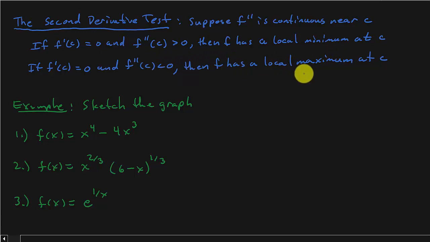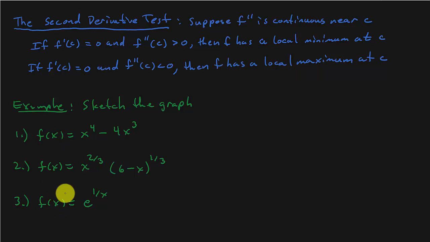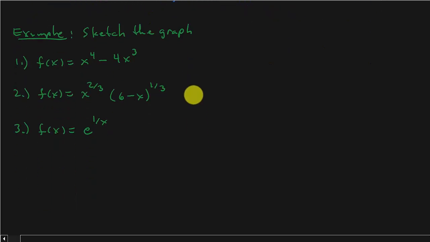All right, so now that we've gone through all of that good stuff, now let's get to the main problems here, sketching the graph. We want to sketch the graph. I got 3 examples here. I'm going to go to a brand new sheet. Well, no, I'll just do them right here. Let's do number 1.